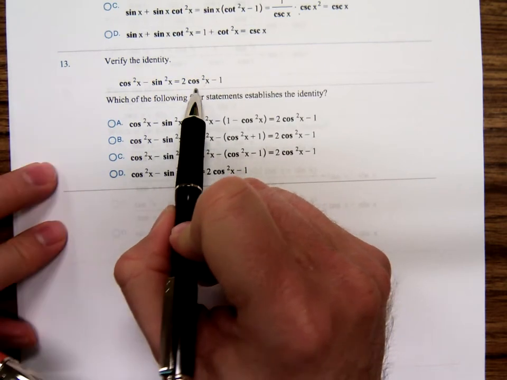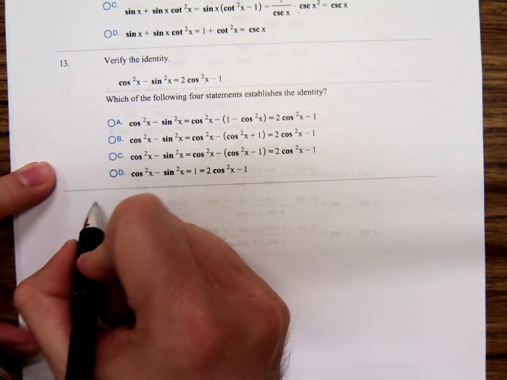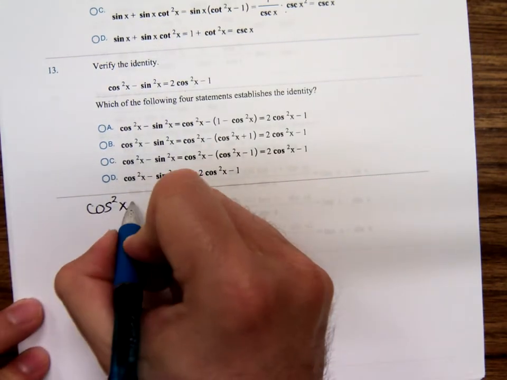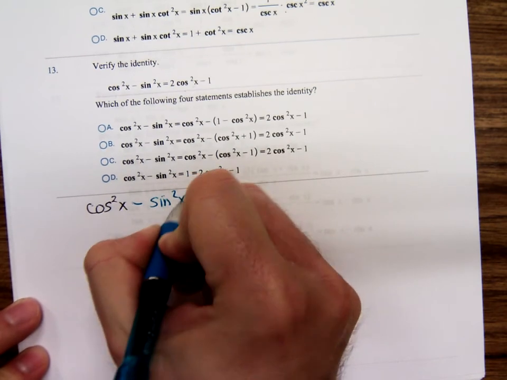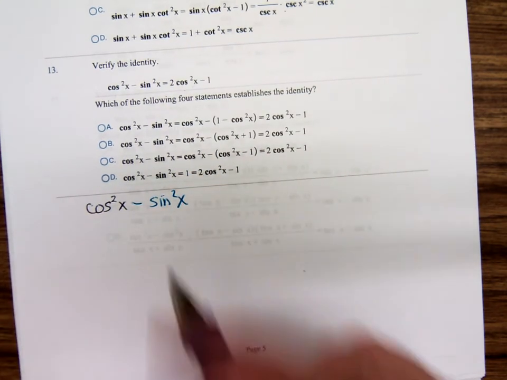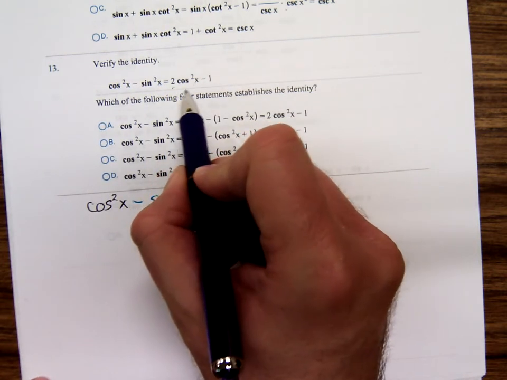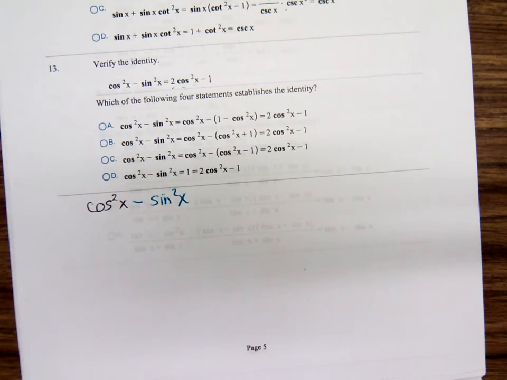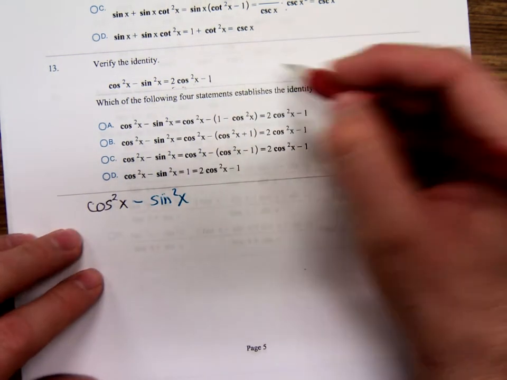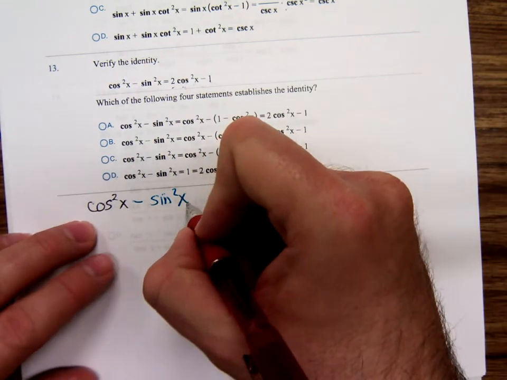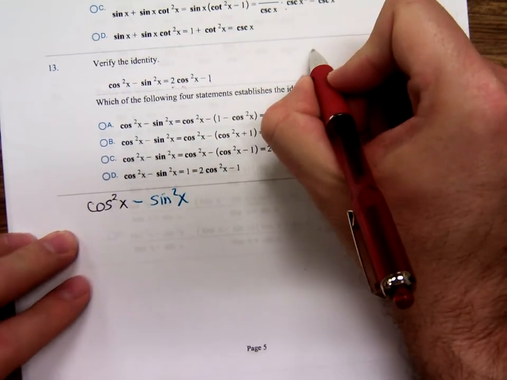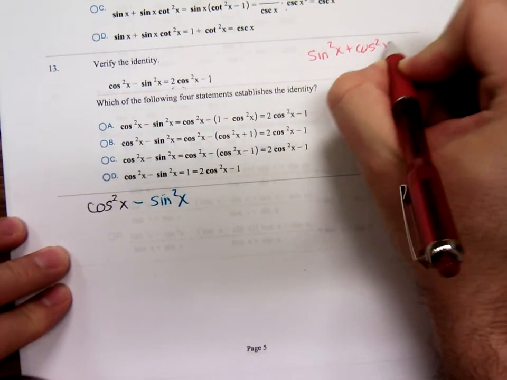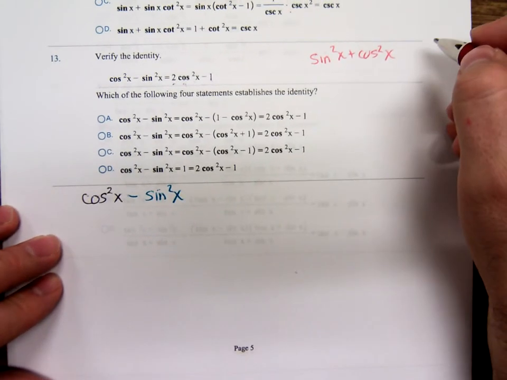So I'm going to start with these. Cosine squared x minus sine squared x. Now look at what we're trying to end up with. We want to end up with just 1s and cosine squares. So this brings to mind something. Whenever I see these squares and sine and cosine, I think sine squared x plus cosine squared x equals 1.